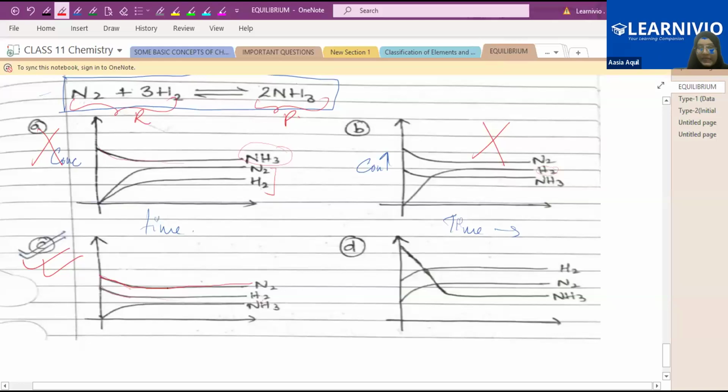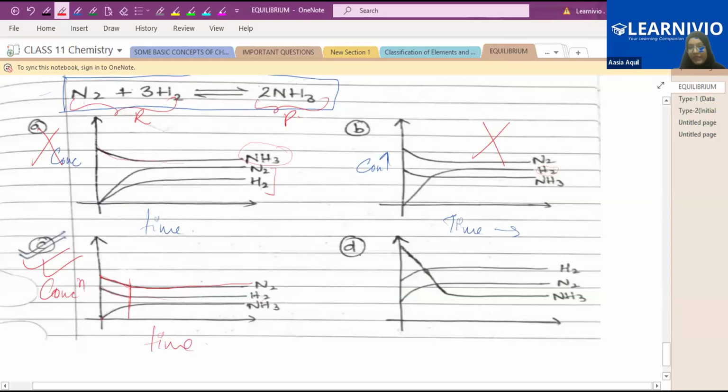For NH3, which is a product, we know that the concentration increases. First it was 0, and according to the time it starts and increases, and after this point, it becomes constant. So this is the ideal graph. This is the correct representation of the equilibrium graph, concentration versus time graph.